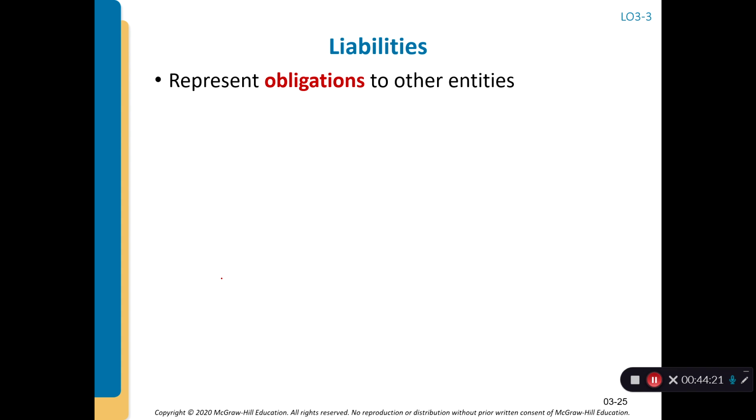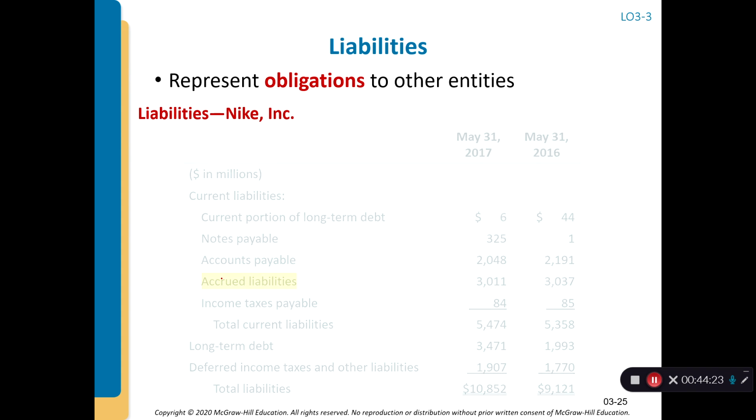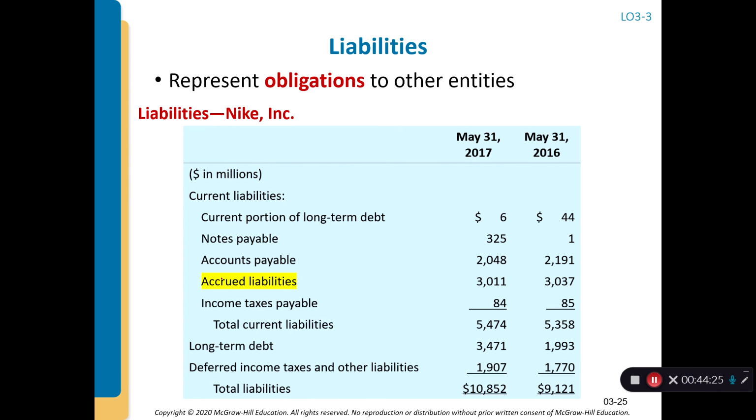Next thing we're going to talk about is liability. Liability represents the obligation to another entity, right? For example, it includes classifying them as current liability and long-term liability. The liability section of Nike Inc.'s balance sheet is shown above, and Nike's accrued liability includes accrued compensation.